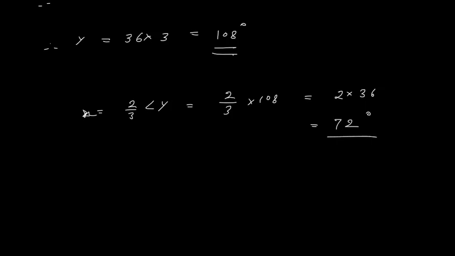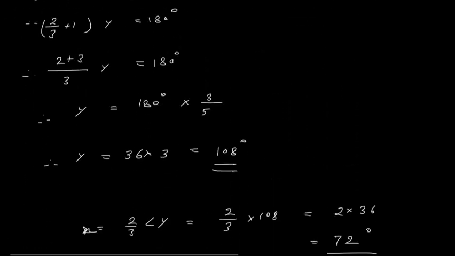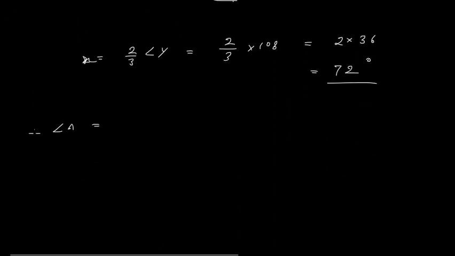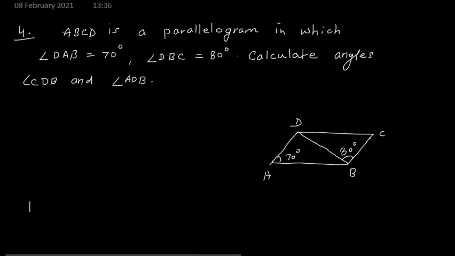So x is equal to 72 degrees. Therefore, angle A is equal to angle C, the value of x, which is 72 degrees, and angle B is equal to angle D, which is 108 degrees. So 72 degrees and 108 degrees, we got the answer.